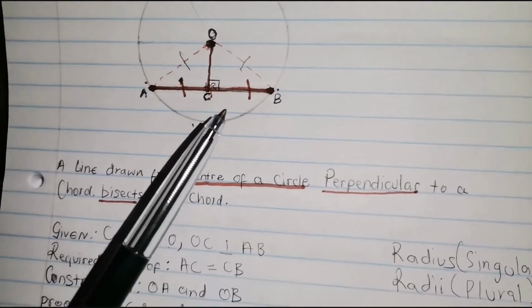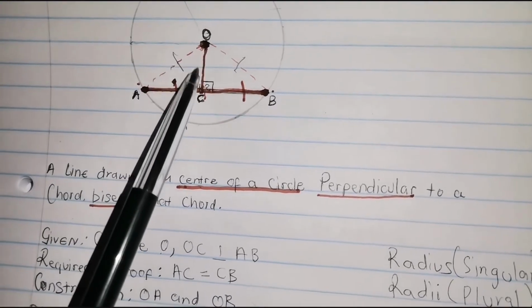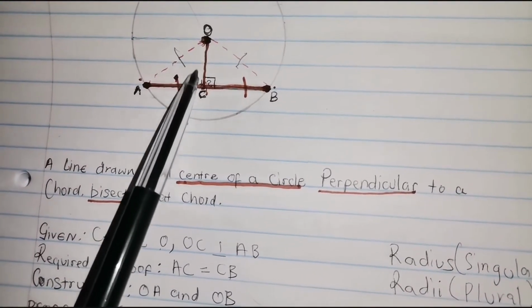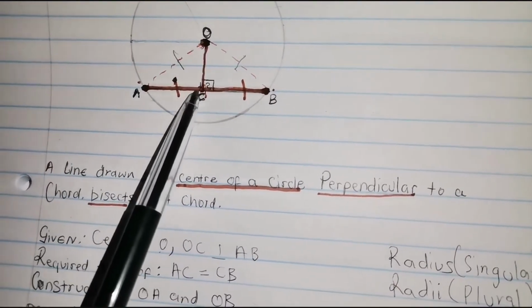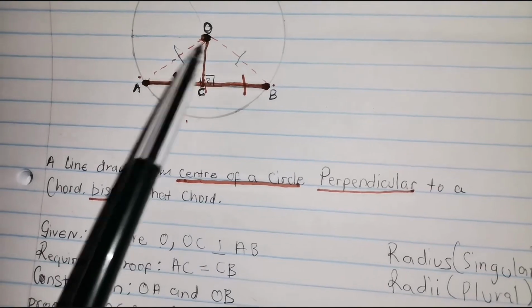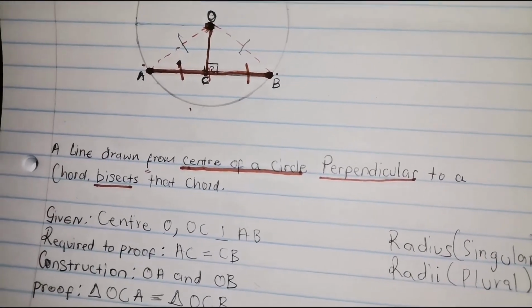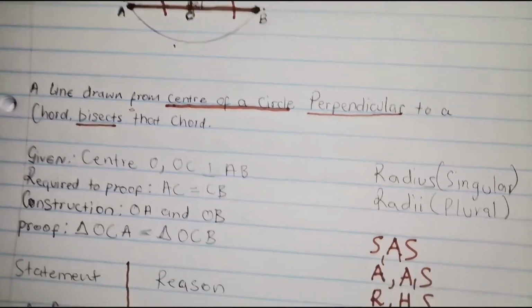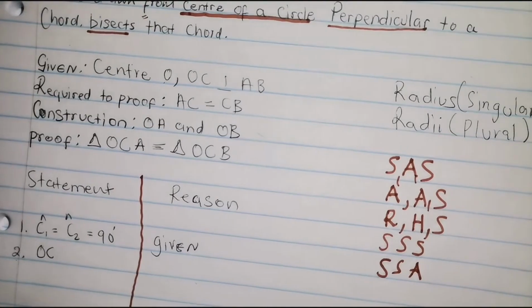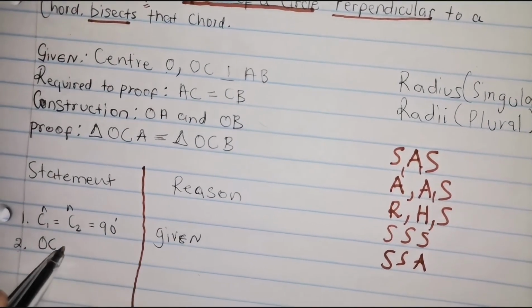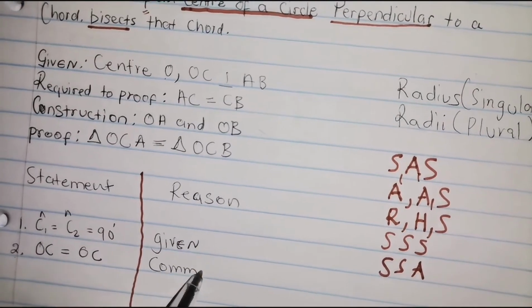Let us remember that side OC is available on triangle OCA, and OC again is available on triangle OCB. That means OC is common to both triangles. So you can just say OC is equal to OC, reason: common.